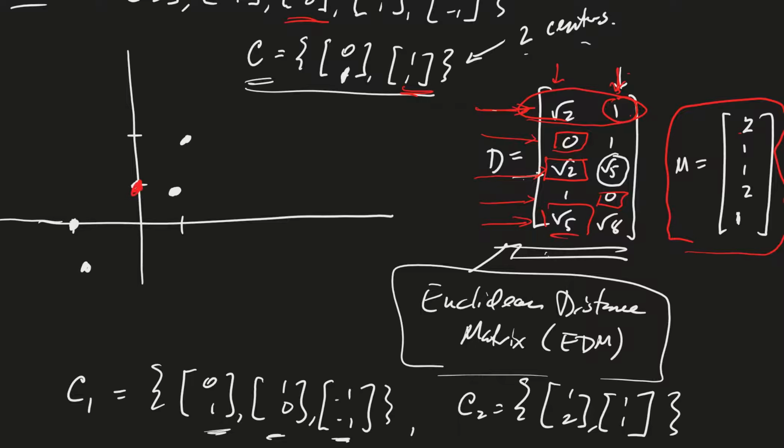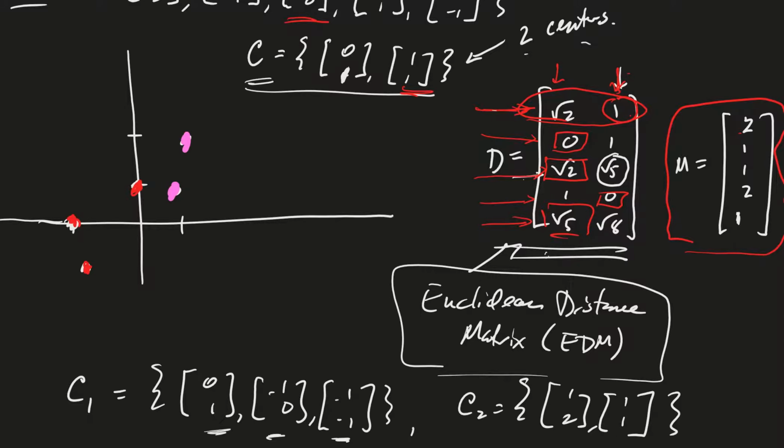That's this one. There's a (-1, 0). Yeah, that one. And that one, the (-1, 1). So that's one cluster, and then this is the second cluster.